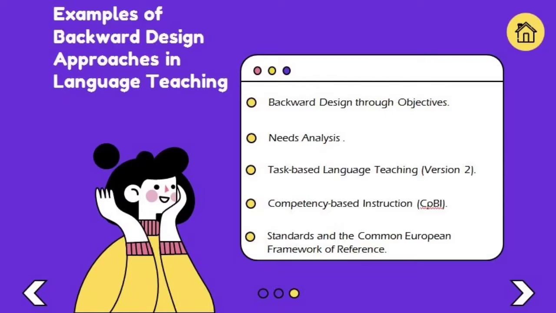Second, needs analysis. Identifying learning outcomes or objectives is often seen as depending upon systematic analysis of the learners' communicative needs. This emerged in the 1960s as a part of the systems approach to curriculum development, as an aspect of the psychology of educational accountability from which the use of objectives was also developed.